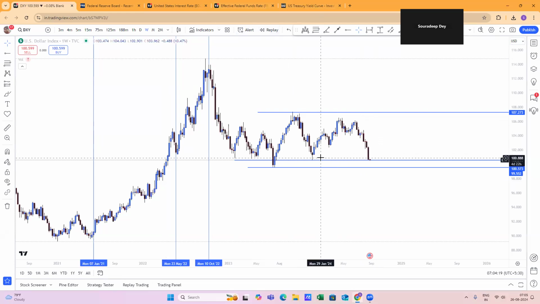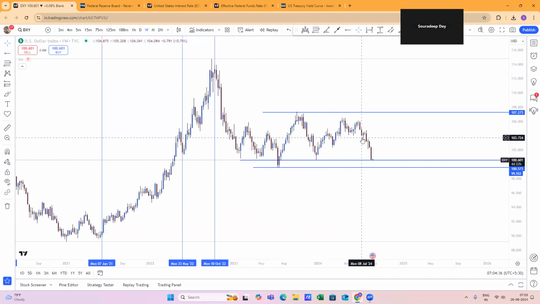And as the interest differential between the USA and other markets comes down, as you know, the ECB has already started cutting rates, the Fed has not yet done so, the RBI has not yet done so, and there is an apprehension that the Bank of Japan may actually increase the interest rate.